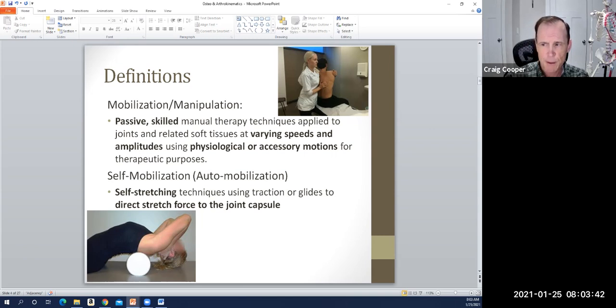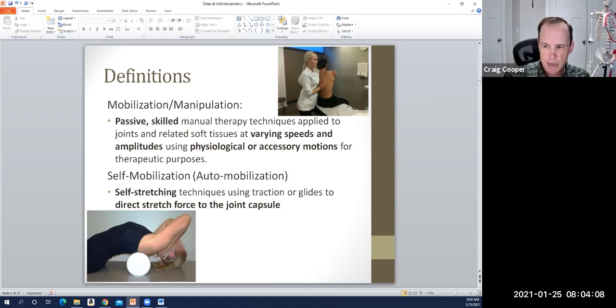But really what we're talking about is just trying to help the internal arthrokinematics of the joint work a little bit better so that the osteokinematic functional movements of flexion, extension, abduction, adduction, etc., will be easier to perform or more pain-free, decreased pain, improved motion. So that's why we do these techniques.